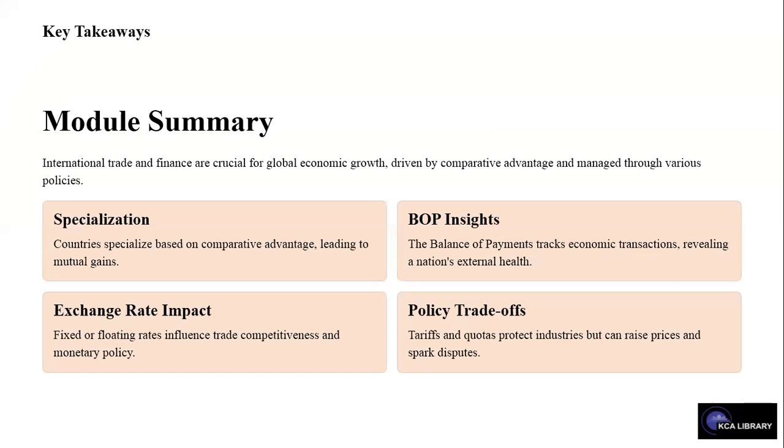In summary, international trade and finance are crucial for global economic growth, driven by comparative advantage and managed by various policies. So we've been able to look into specialization, where we talk about comparative and absolute advantage.